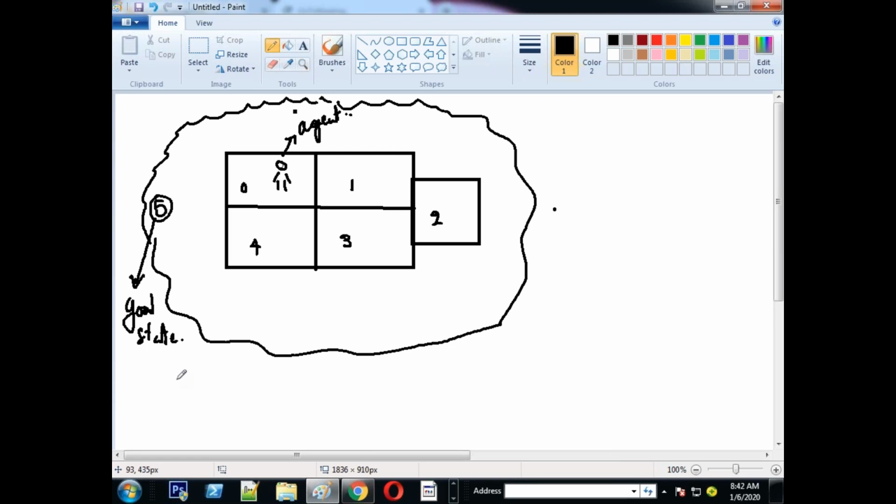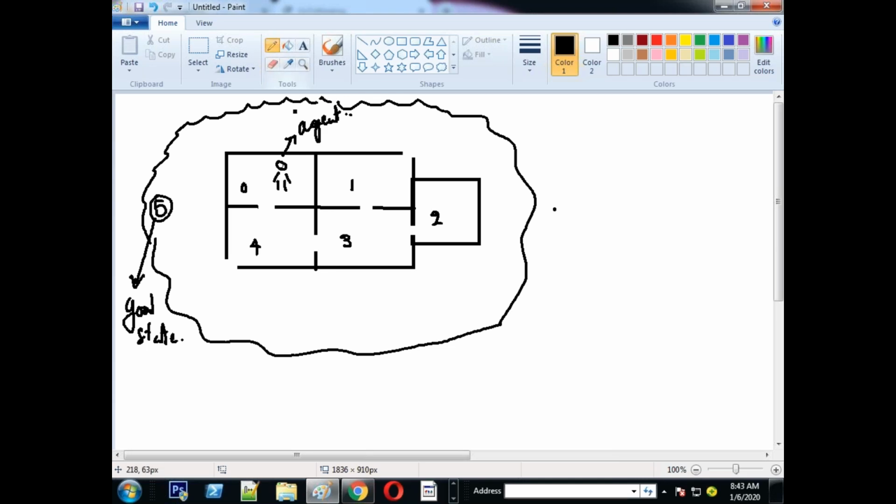Understand the point? But some rooms are interconnected. 0 to 4, there is a vacancy. 4 to 5, there is a vacancy. 4 to 3, vacancy. 1 to 3, vacancy. 1 to 5, also vacancy. 2 to 3, vacancy.